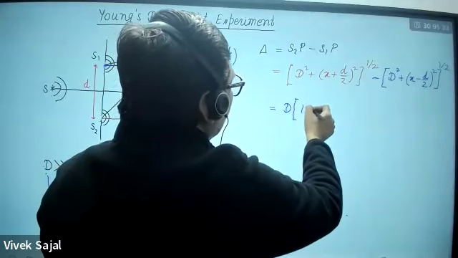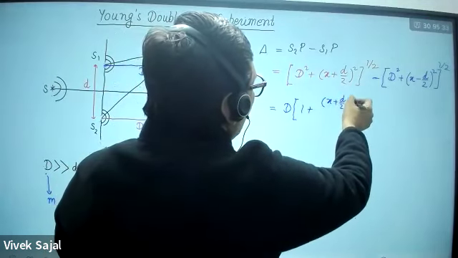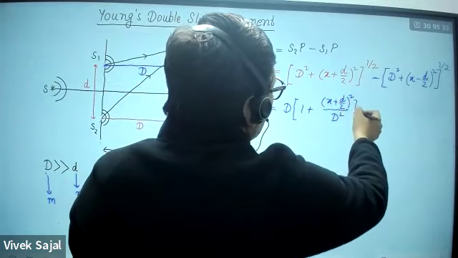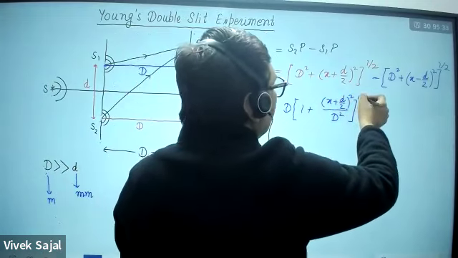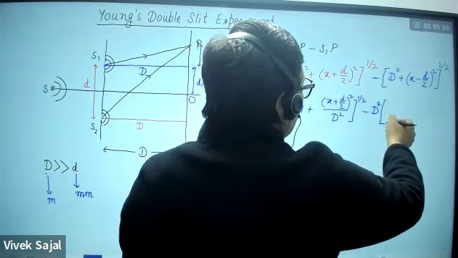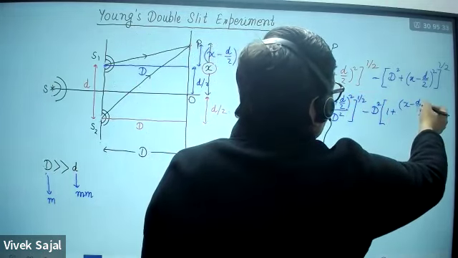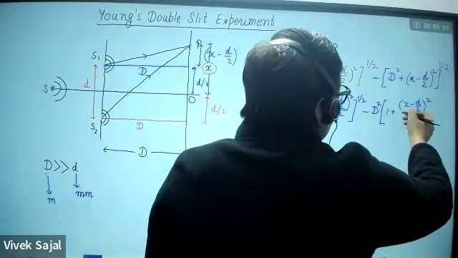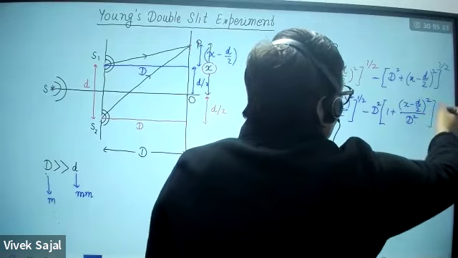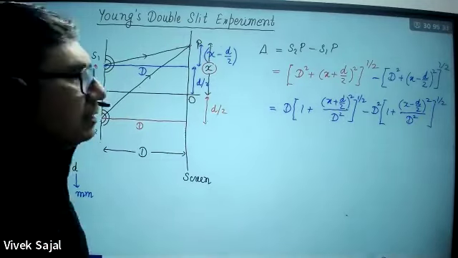It will be D times (1 plus (x plus d by 2) whole square divided by D square) to the power 1 by 2, minus again D square common, so D times (1 plus (x minus d by 2) whole square upon D square) to the power 1 by 2.